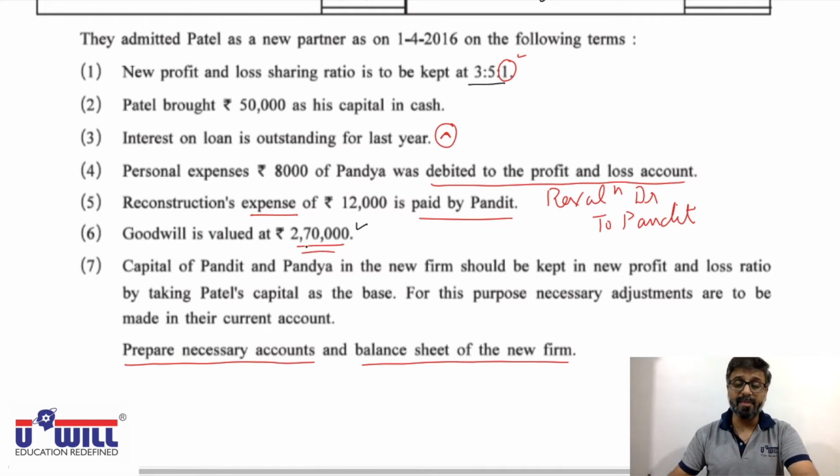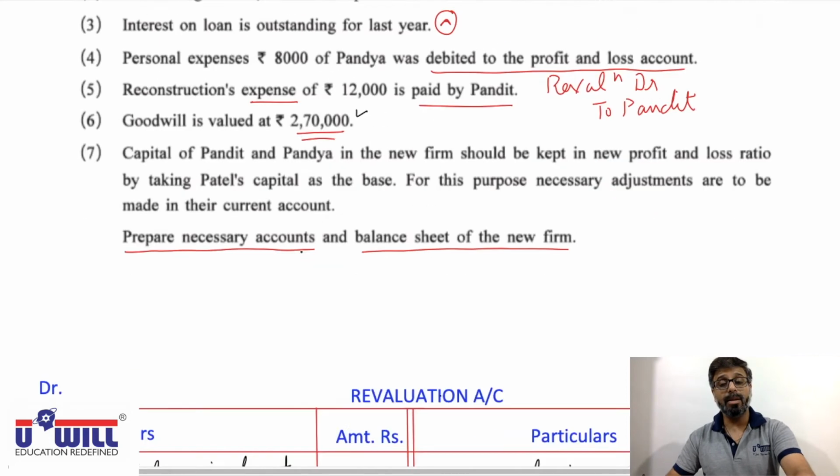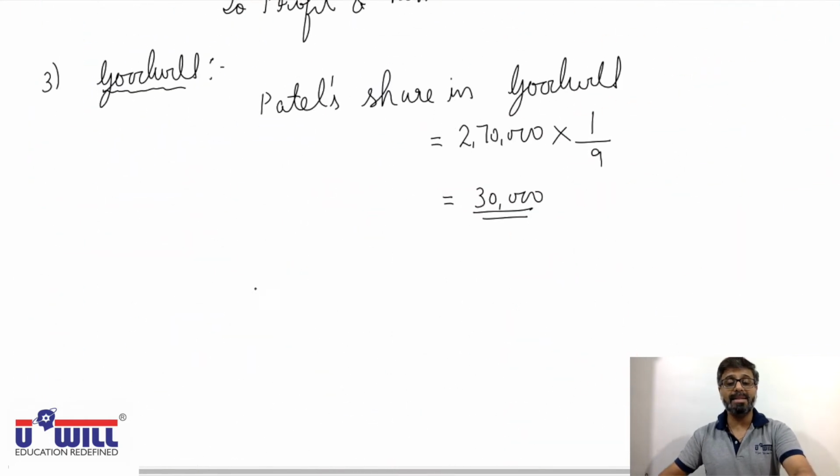Now what did we study? If the new partner does not bring his share of goodwill in cash, then we will write the new partner's capital account debit. It means if he does not bring in cash, we will take the share of goodwill from his capital. Patel does not bring 30,000, his share of goodwill, in cash, so we will take this goodwill from Patel's capital.